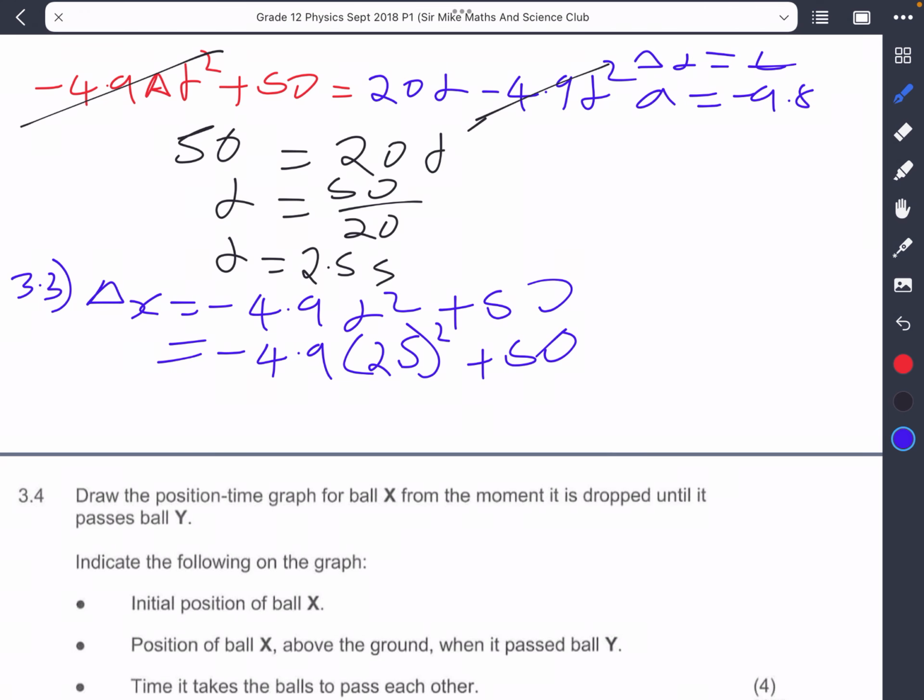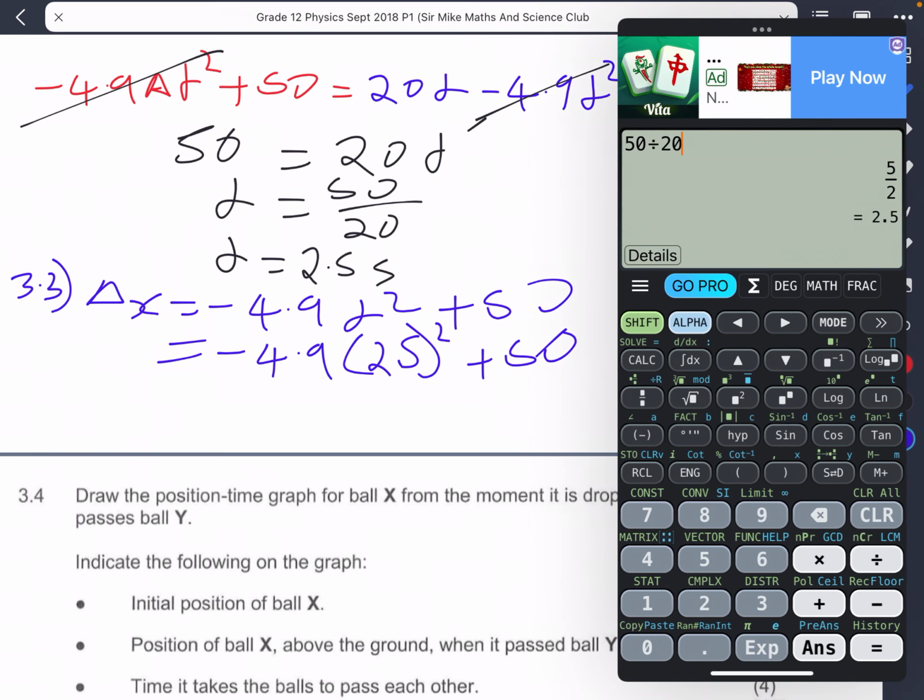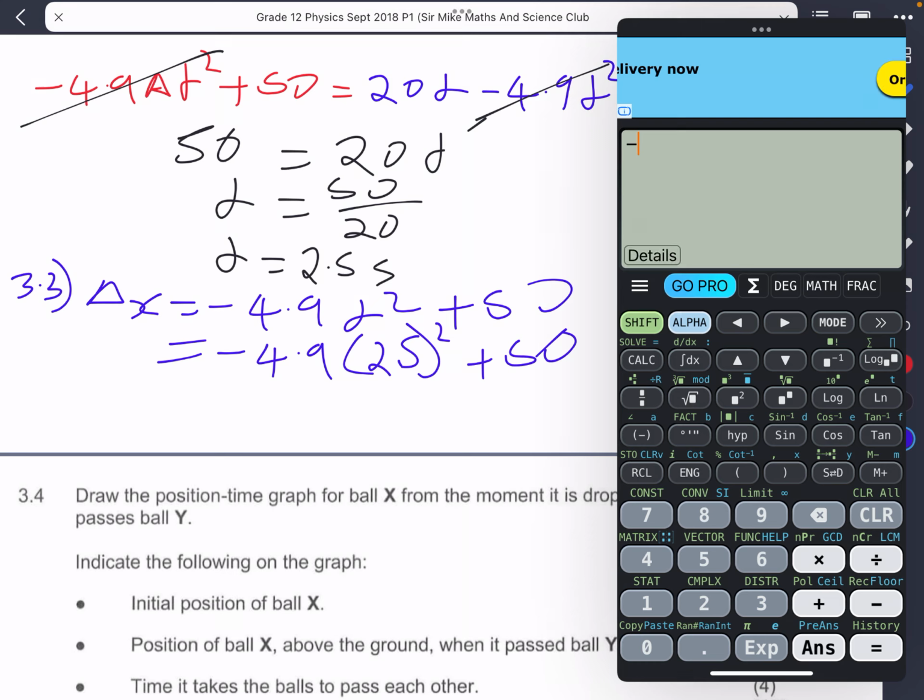Let me just take the calculator out again. We have negative 4.9, we multiply that by 2.5 squared, plus 50.